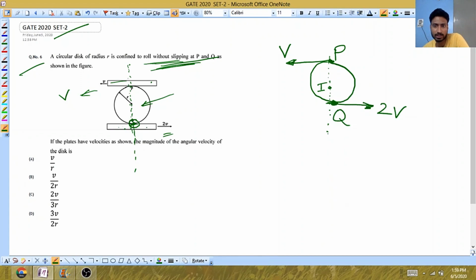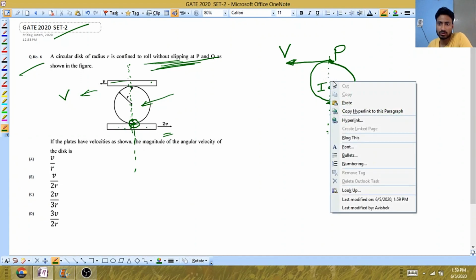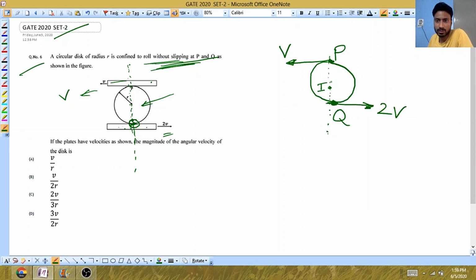There will be no translational motion. So you will observe only rotational motion. That is called I-center. So this is point I, that is called the I-center. This is the actual center of the disk having a radius of r.